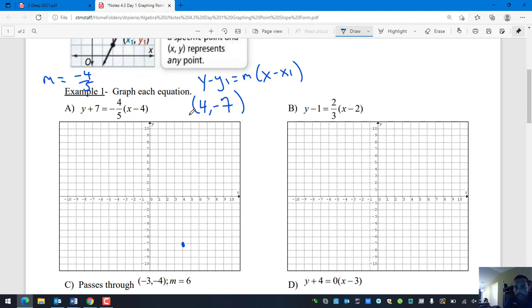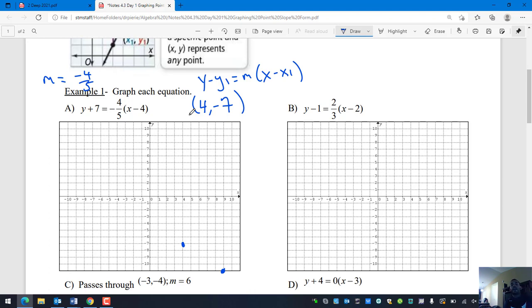So in order to graph this line, all I need to do is plot one other point. I'm going to start at the point that I already plotted and follow my slope. I'm going to go down 4, 1, 2, 3, 4, and I'm going to go over 5, 1, 2, 3, 4, 5, and I have my second point.